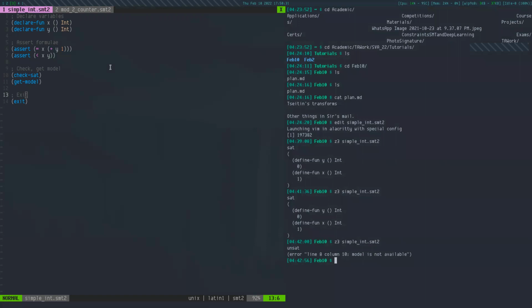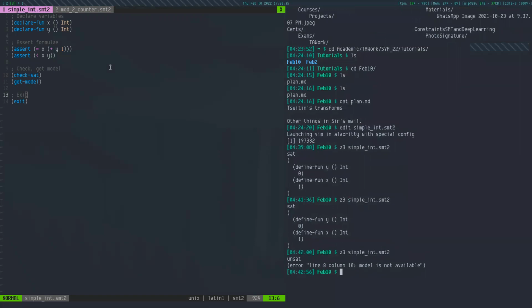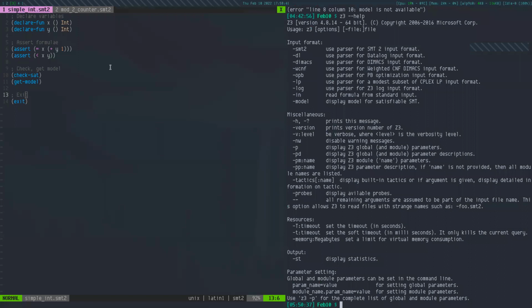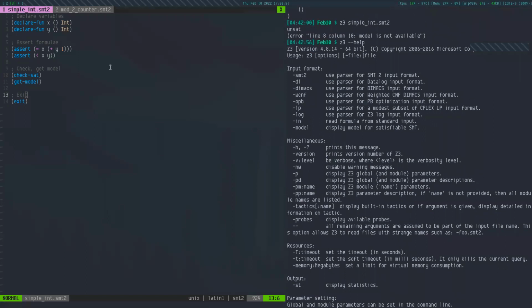So basically, this is a program called Z3. I don't know if you can see this. What Z3 does is basically it will take in a SAT query, so that is some SAT formula, and then it will give you SAT or unsat, and you can also ask it to print out the model and so on.